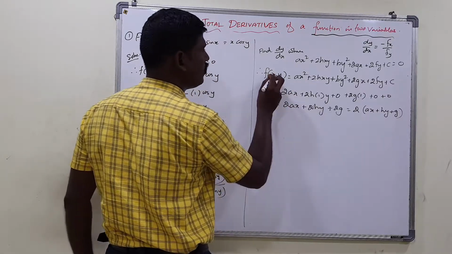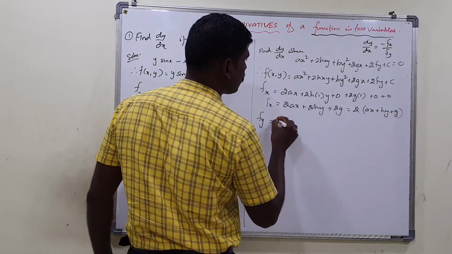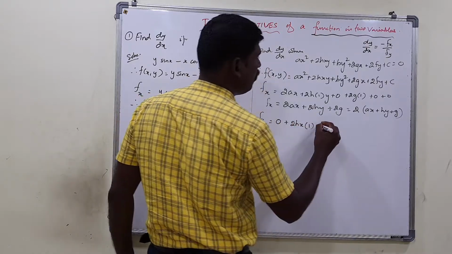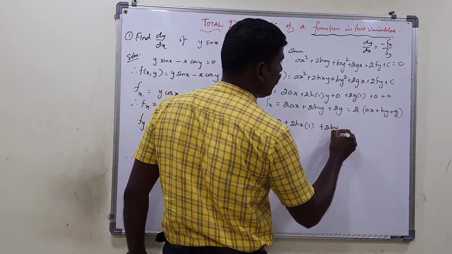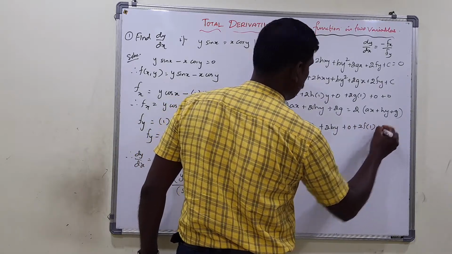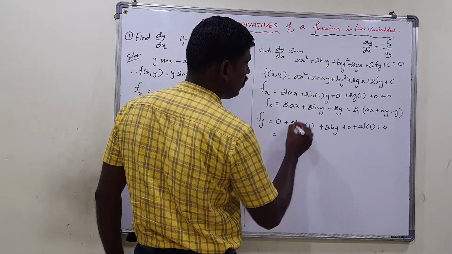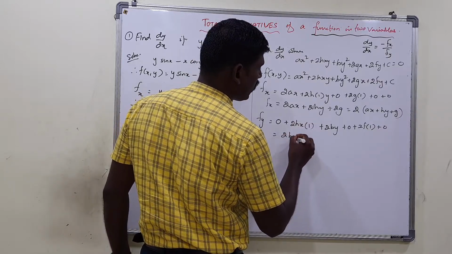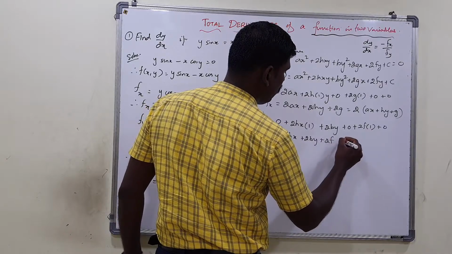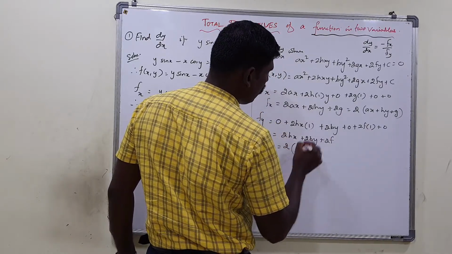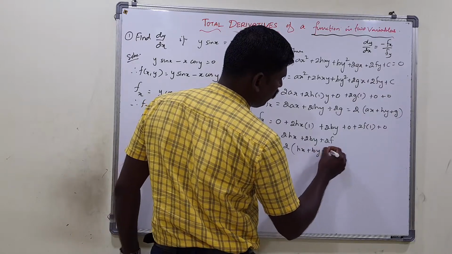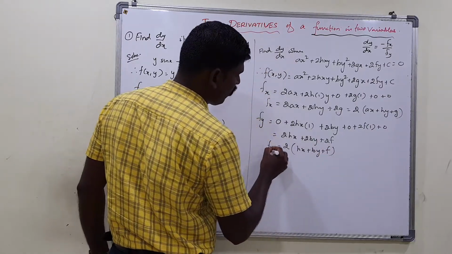Taking the partial derivative of f with respect to y: the first term becomes 0, plus 2hx into 1, since y alone gives 1, plus 2by, plus 0, plus 2f into 1, plus 0, isn't it? So this can be written as 2hx plus 2by plus 2f. Already 2 is common in all the terms, so hx plus by plus f, isn't it? This is the value of fy.